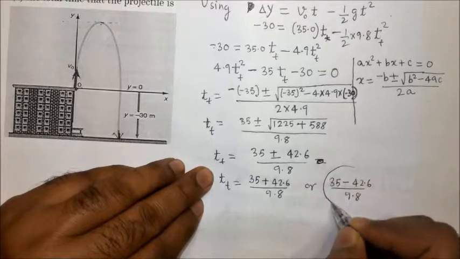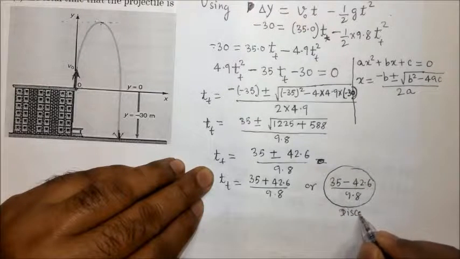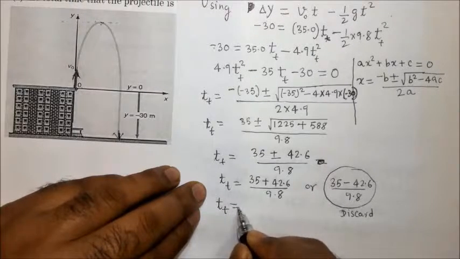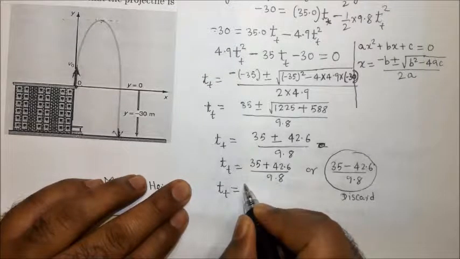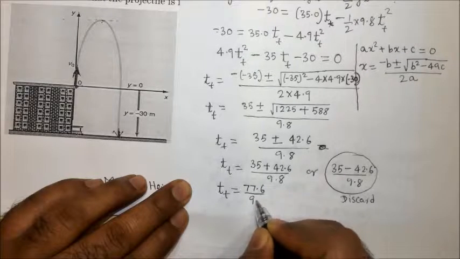We have to discard this one. So t sub t is equal to 77.6 over 9.8.